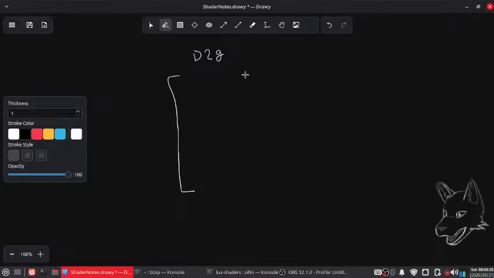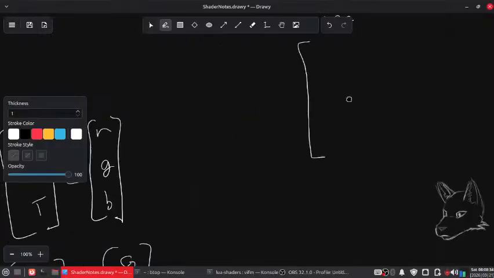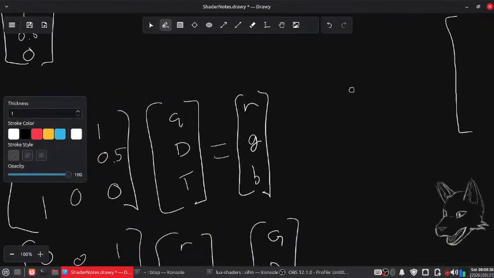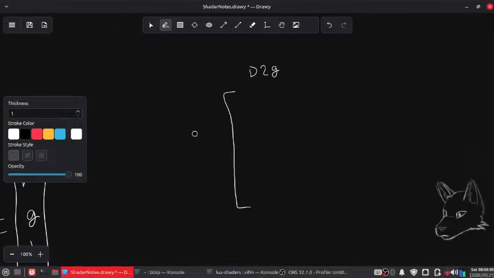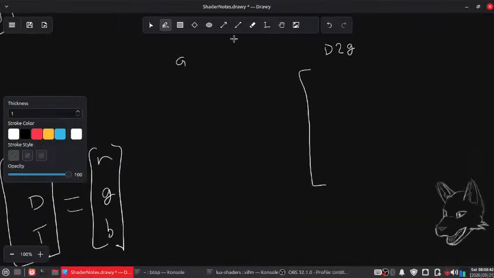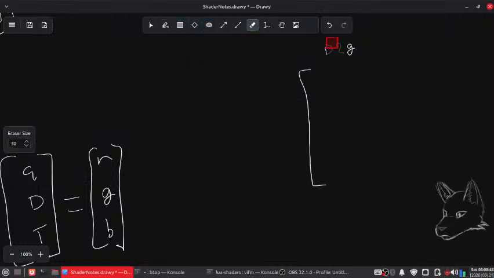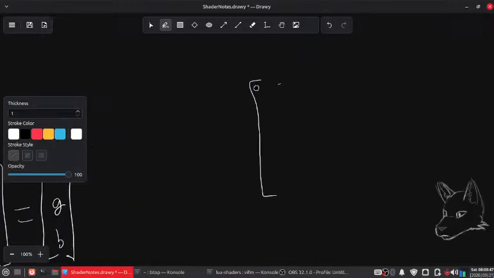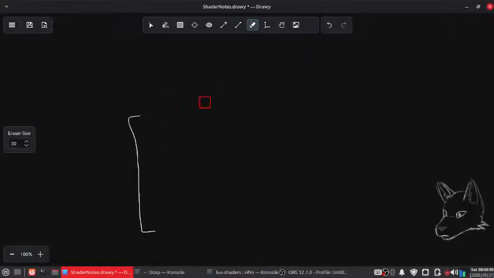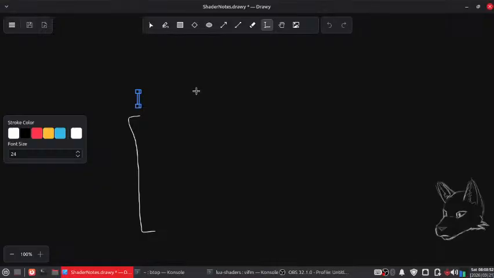The first vector is what? Yeah, because we have G, alright, this is the GDTA to RGBA, right?